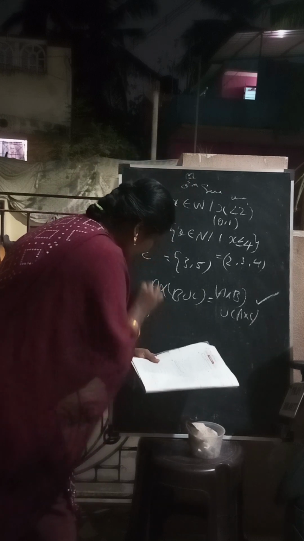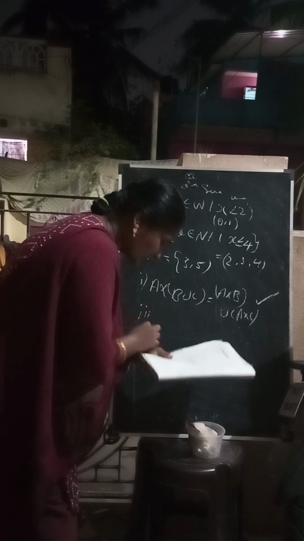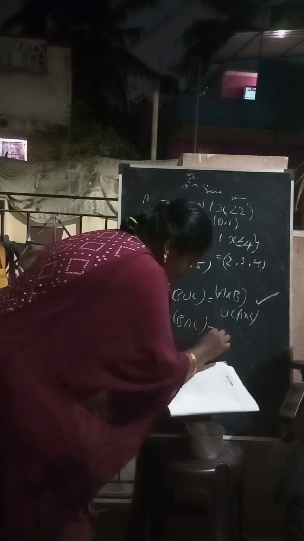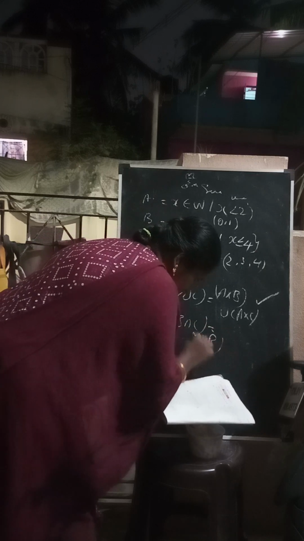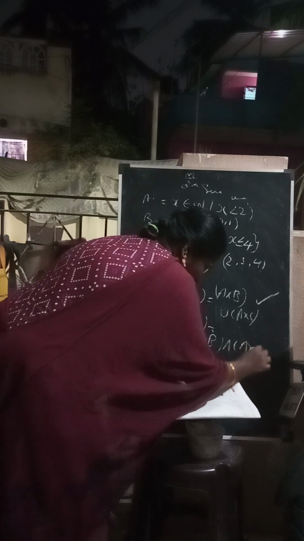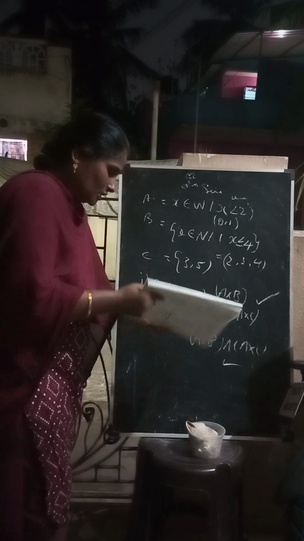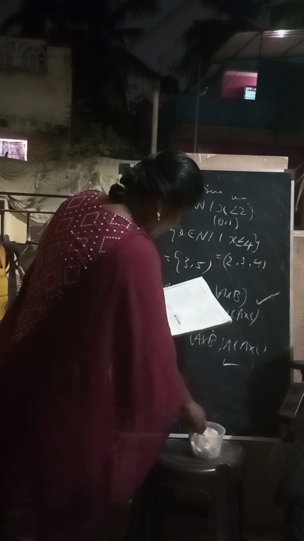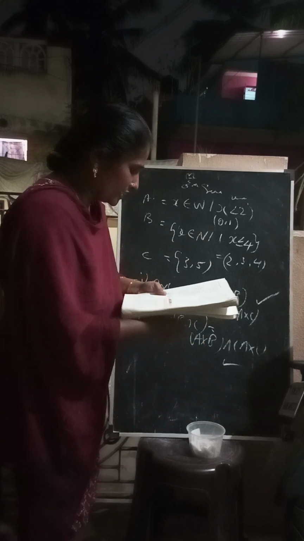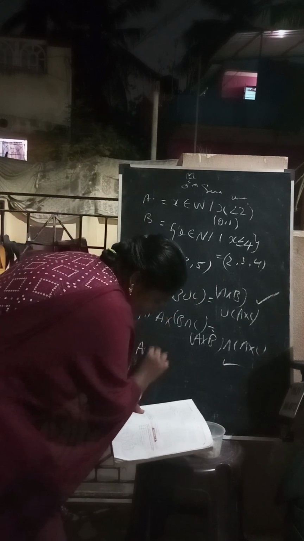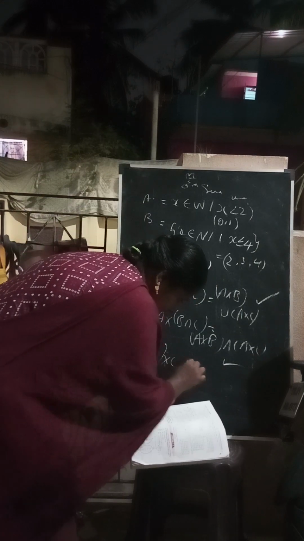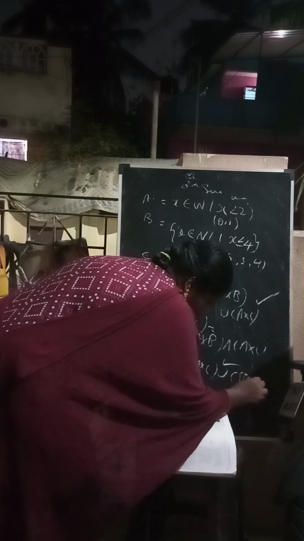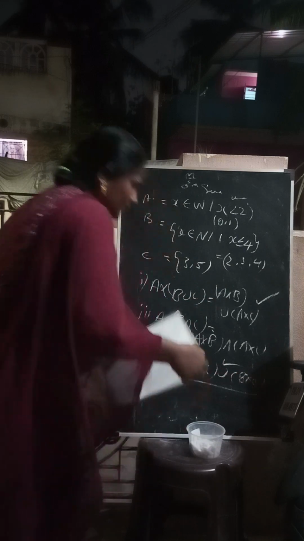The second subdivision, A cross (B intersection C) is equal to (A cross B) intersection (A cross C), has also been verified. The third subdivision we are going to do right now today: (A union B) cross C is equal to (A cross C) union (B cross C).